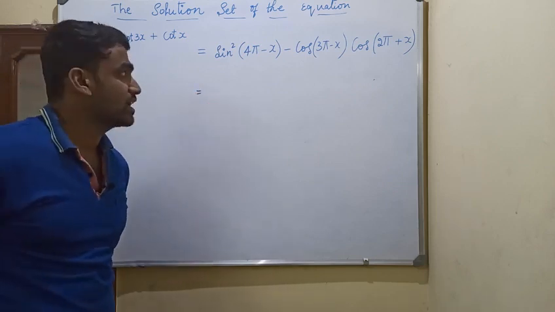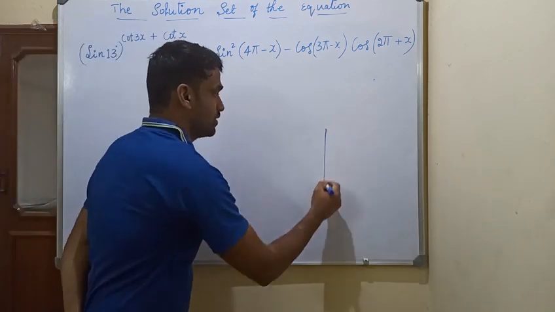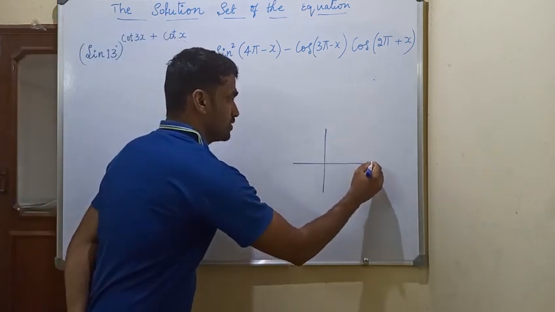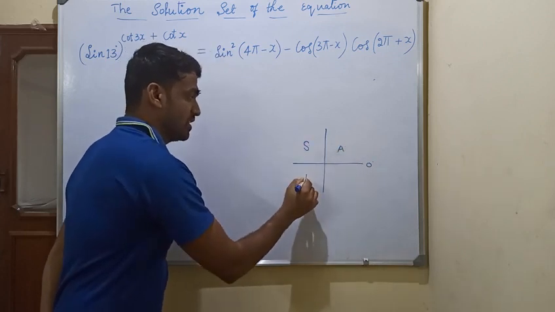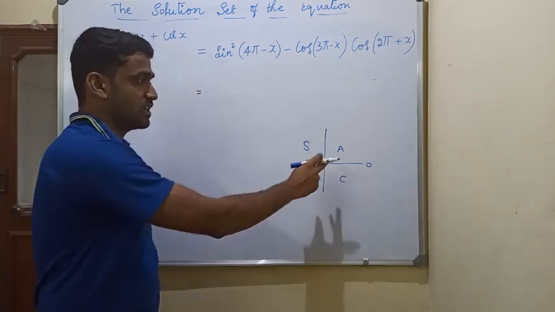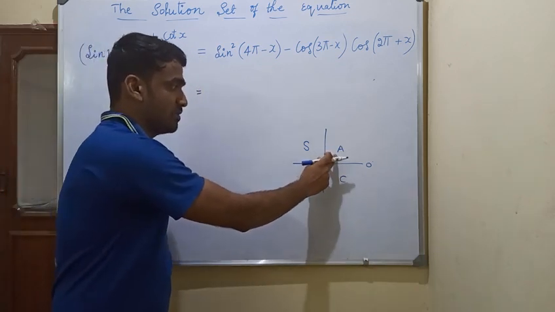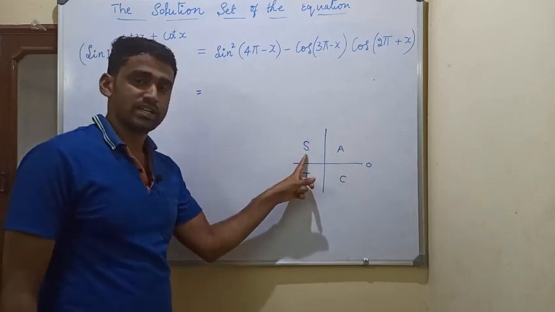So we should consider the right hand side of the equation. Let us see what sin(4π − x) is, using the ASTC rule. A means all angles, S means sin, T means tan, C means cos. In the first quadrant, all trigonometric ratios are positive. Here sin and its reciprocal cosecant are positive.